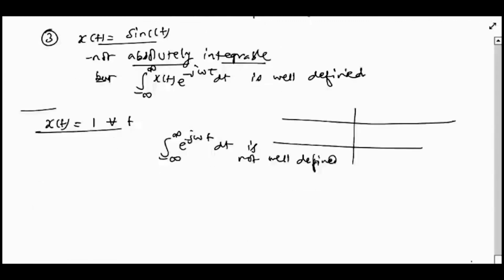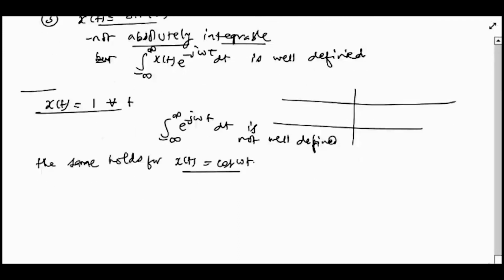The same holds for x(t) equal to a sinusoidal signal, say cos omega t. So what do we do in these cases? It turns out that in this case we can appeal to a more generalized notion of Fourier transform, and that is what I'll explain now via an example.